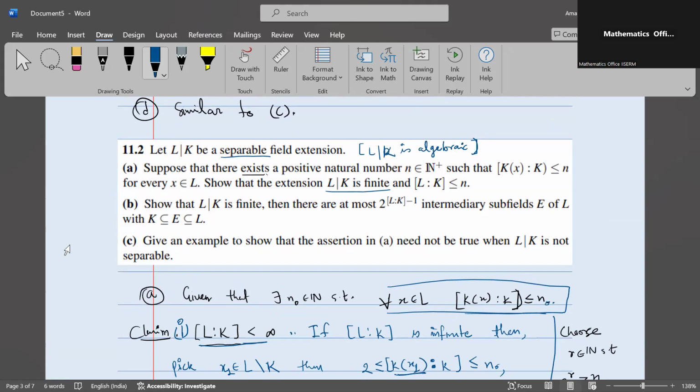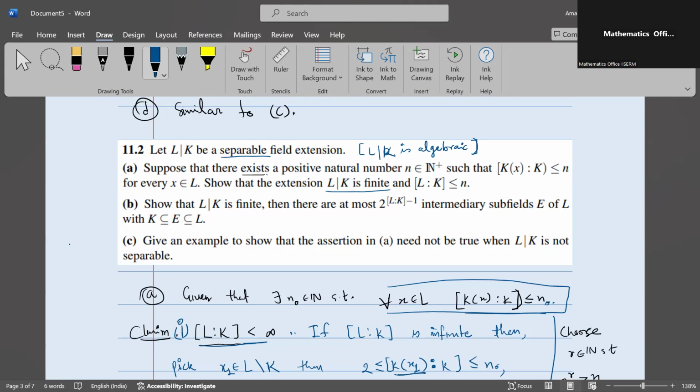Then there are at most 2 power n minus 1 intermediary subfields E of L. This is done.